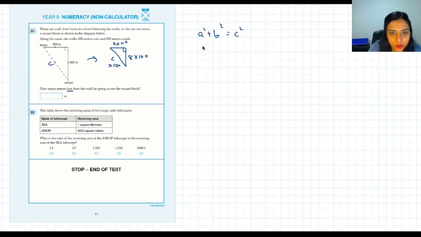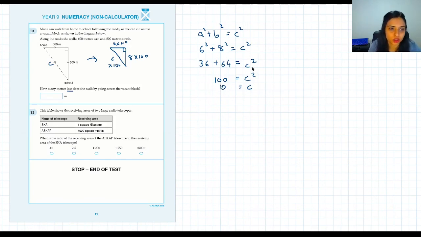So we've got 6 squared plus 8 squared equals c squared. That's 36 plus 64 equals c squared. 36 plus 64 is 100 equals c squared. So c will be 10 because 10 times 10 is 100.